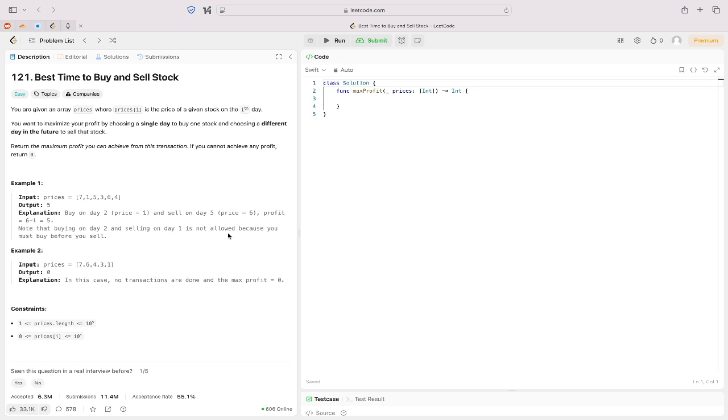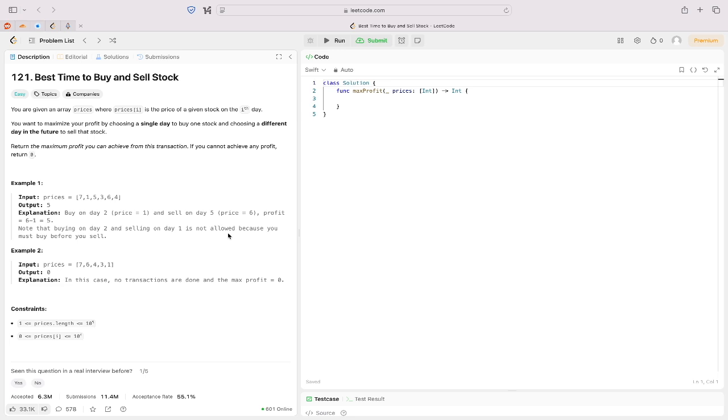Okay, so we can do two for loops, a for loop and a for loop. We're going to need an integer to keep track of our max profit. We probably want to also compare while we're looping. So we're going to have a current price and a current profit and a max profit.